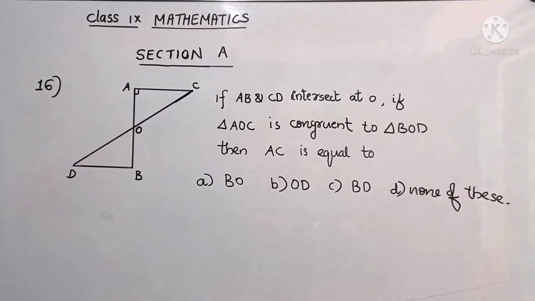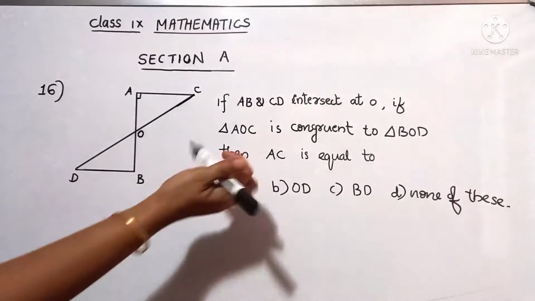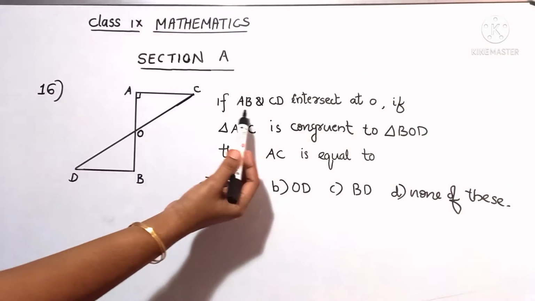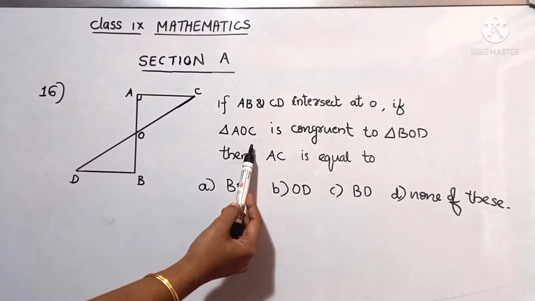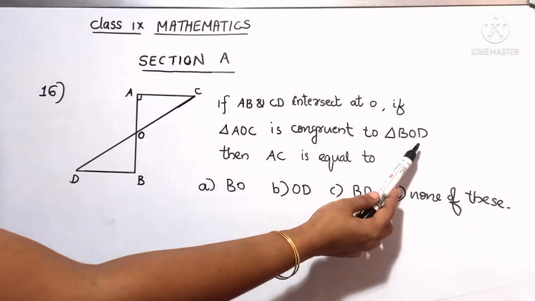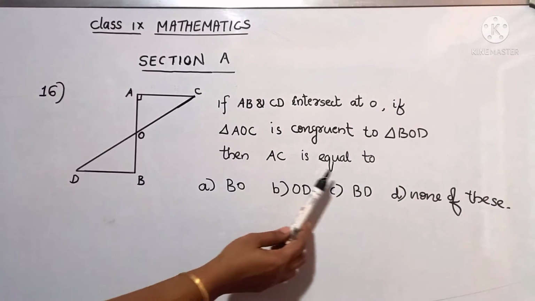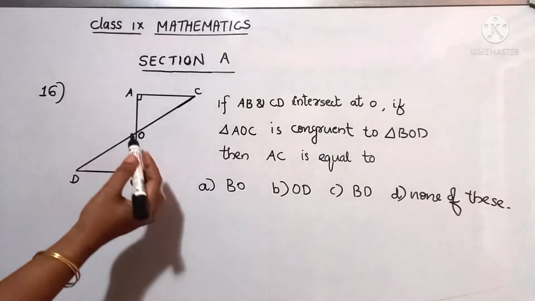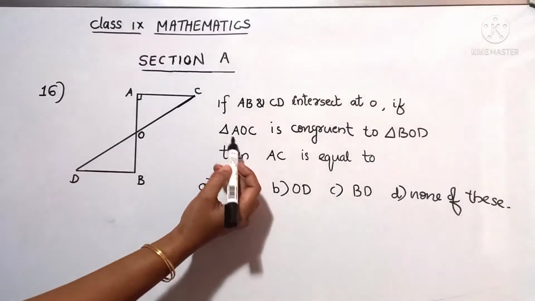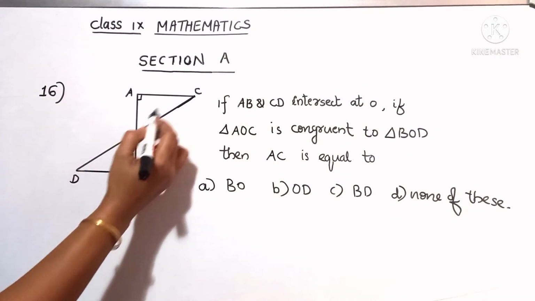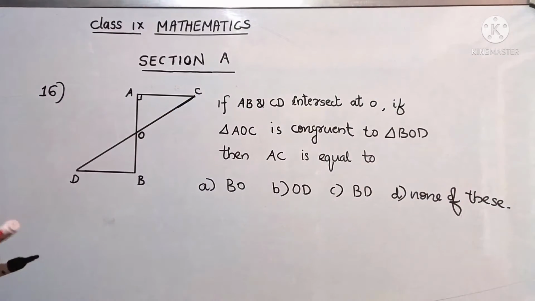The 16th question: if AB and CD intersect at O, and triangle AOC is congruent to triangle BOD, then AC is equal to what? Look at the figure here. We can see all the corresponding parts, the triangles AOC and BOD.